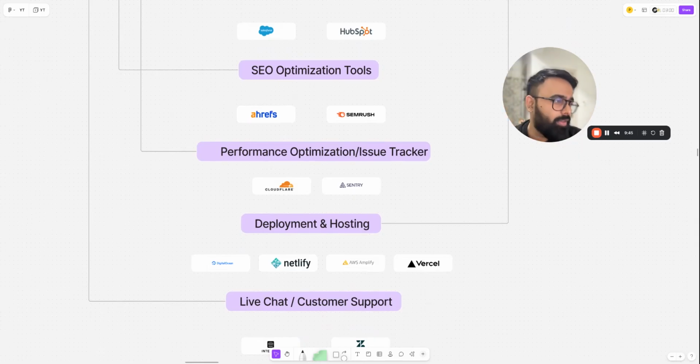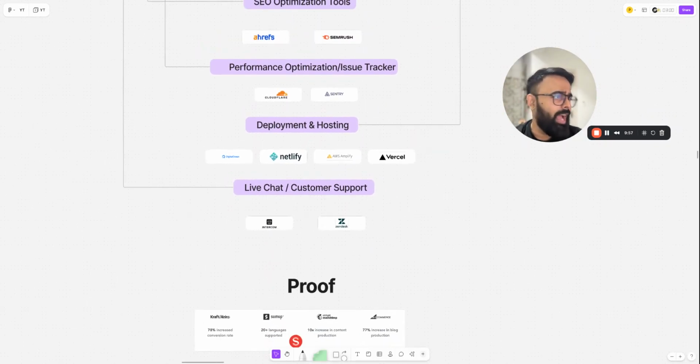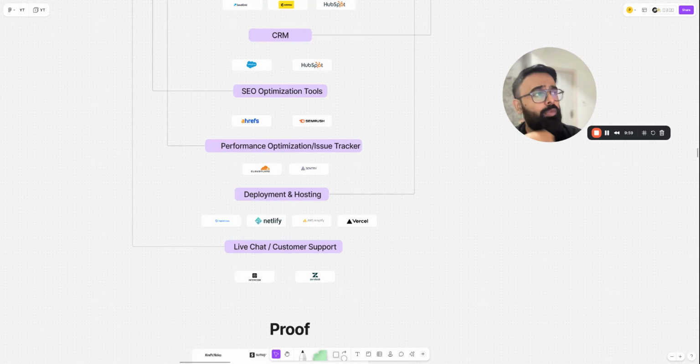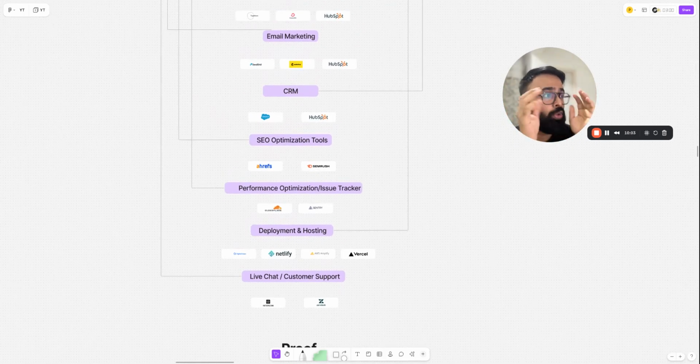For deployment, a lot of clients have different choices. Some want to do it on DigitalOcean, some on Railway, some want AWS, some Azure, some Google GCP. So we have a complete stack, and we can always talk about this. This is an overview of the tech stack that you can actually use. As I initially mentioned, there is no one-size-fits-all, but this is the best fit solution that we can give you.